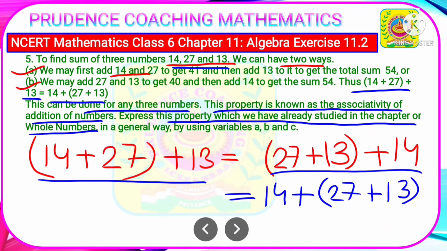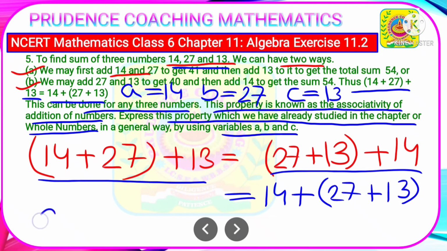Now you need to use the alphabets or variables A, B, C and write this property accordingly. So here we will assume 14 to be A, B equal to 27 and C equal to 13. In place of these numbers, we will use the alphabets to find the general property.